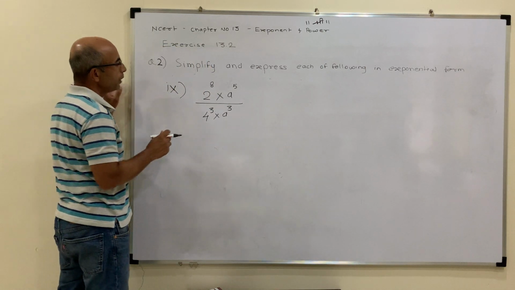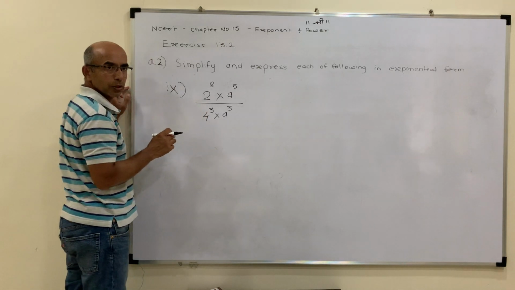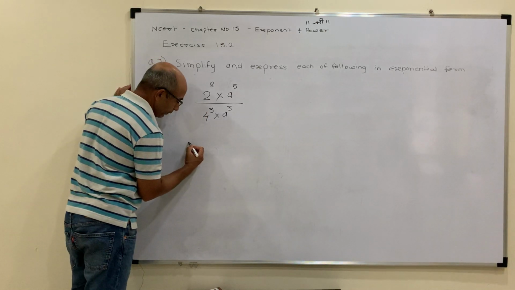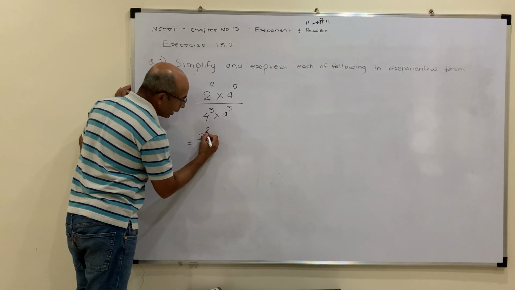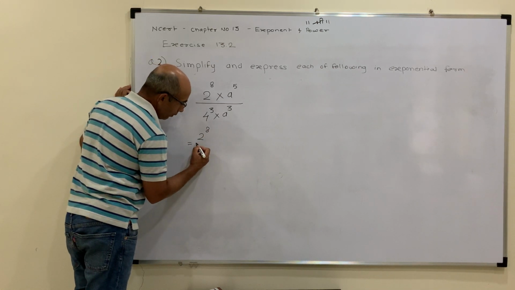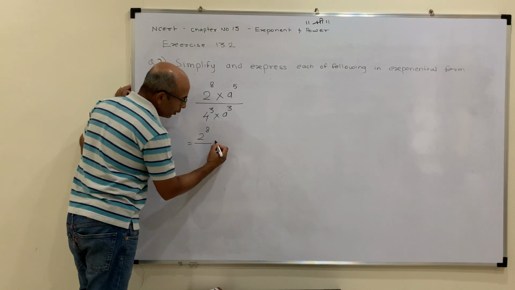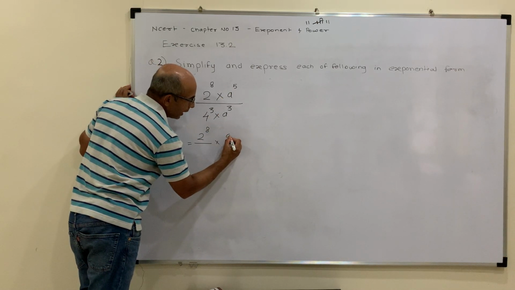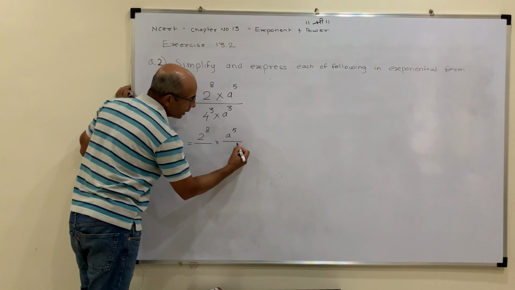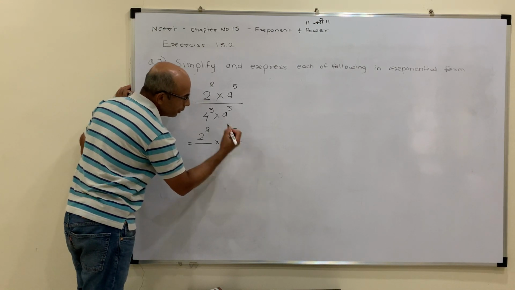Again, we need to have the same base to do a further simplification. So now I'll rewrite this as 2 raised to 8. Here the bases are the same, so I'll write them a little separately: a raised to 5 divided by a raised to 3.